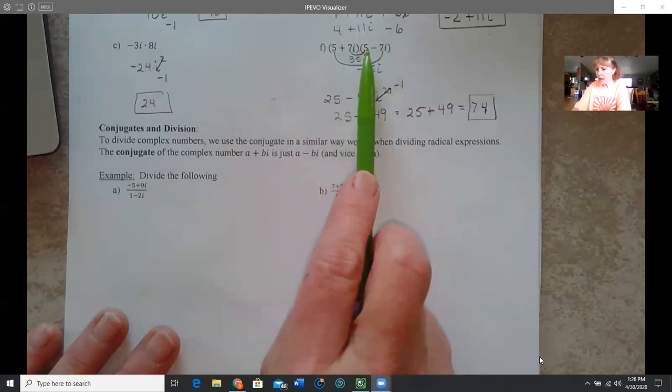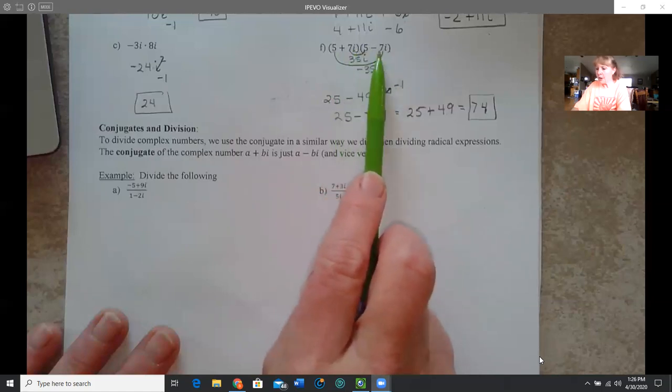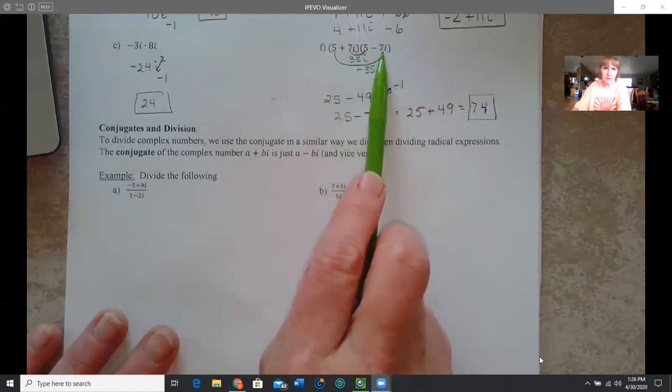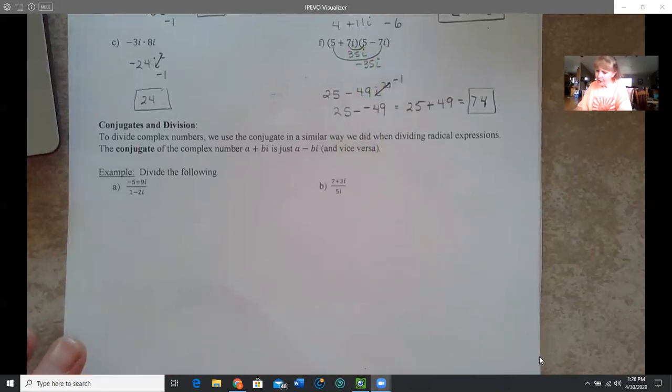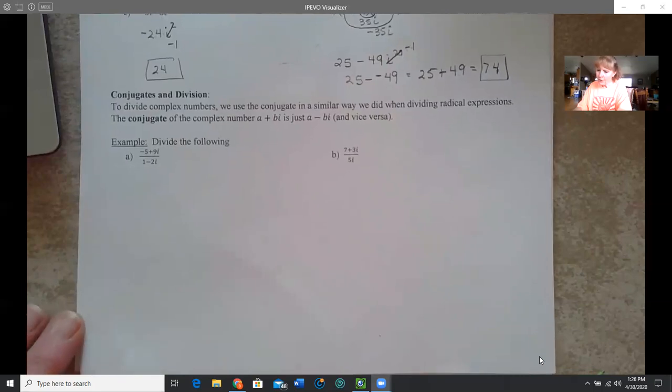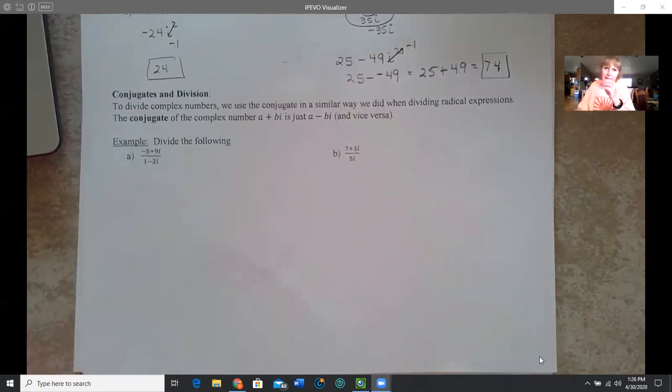When you multiply conjugates, the imaginary part disappears. Well, the same thing with this division. They want you to get rid of the i in the denominator, and so what we're going to do is multiply by the conjugate. So it's just like rationalizing.